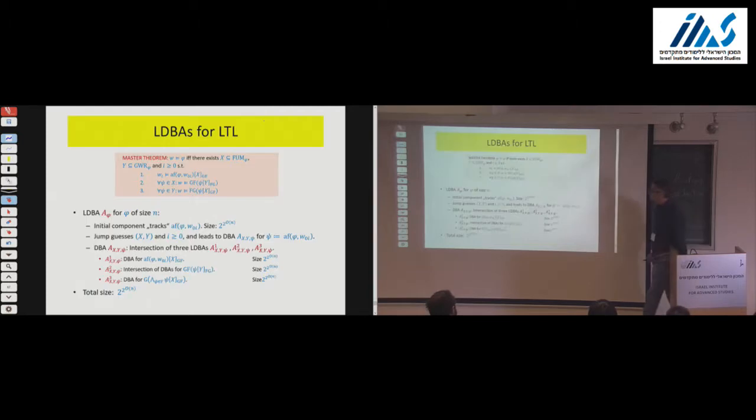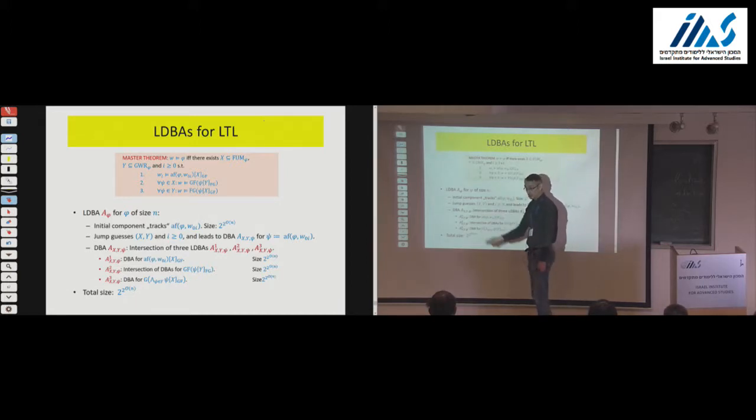Well, and now if you want to construct limit deterministic Büchi automata for LTL using this, what do you do? How do you construct your automaton A phi? You have an initial component which just tracks this formula, and that has this size, right? Or you could do it non-deterministically as well, it doesn't really matter. And then you jump.